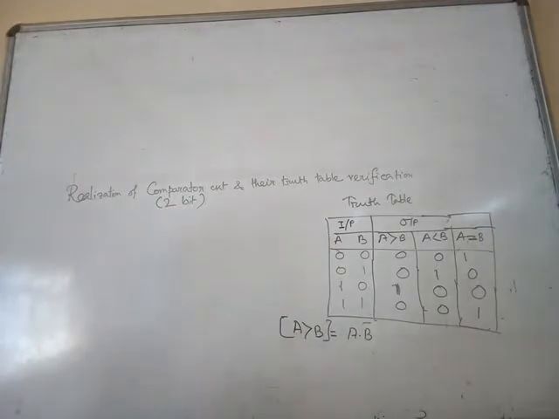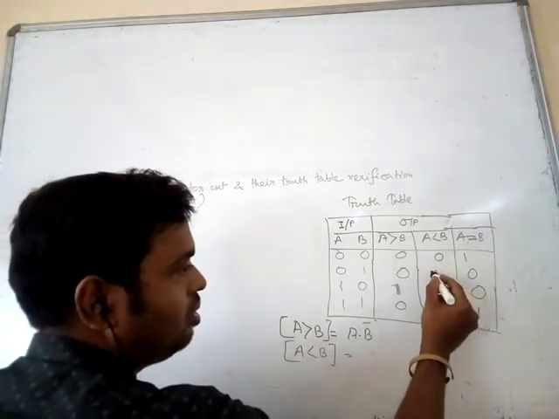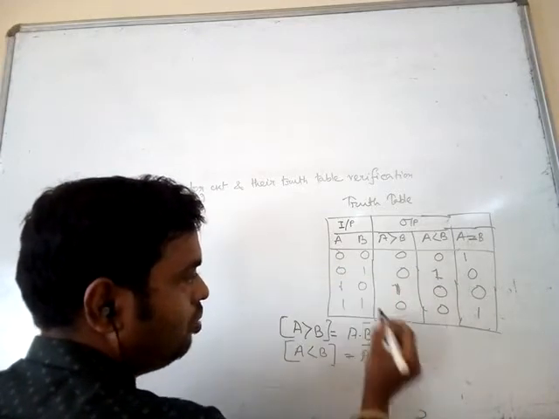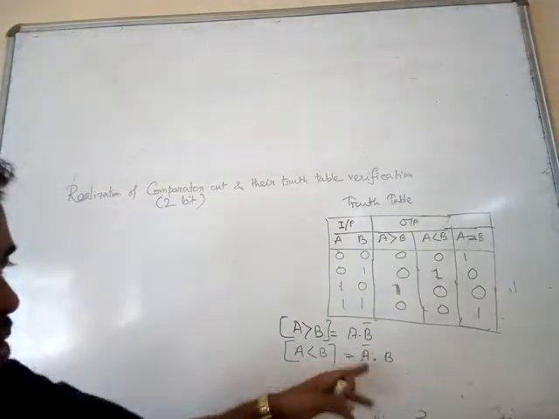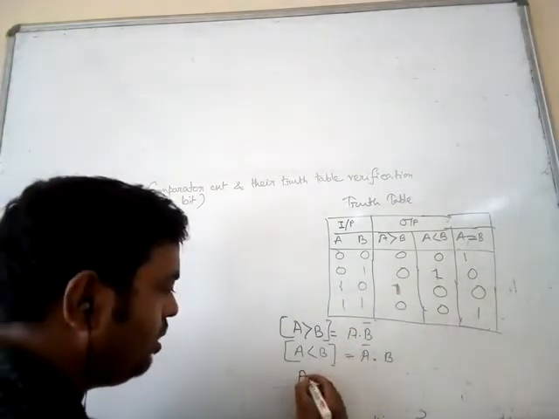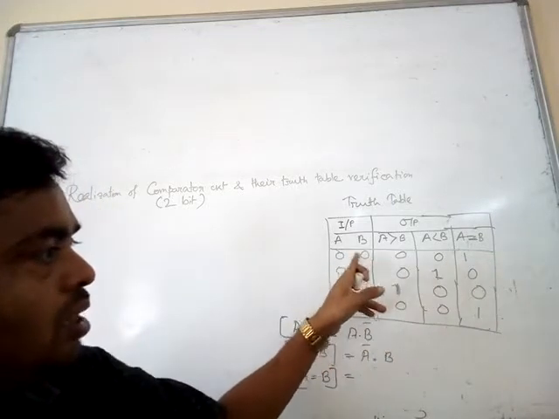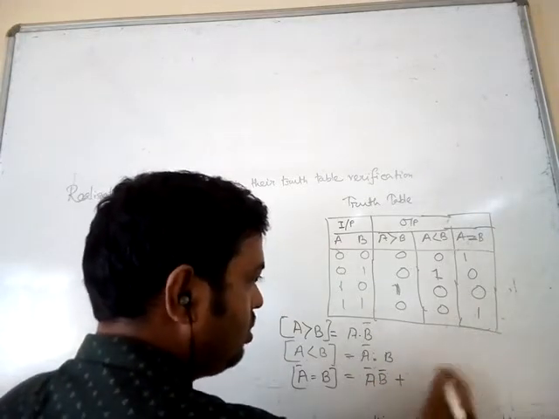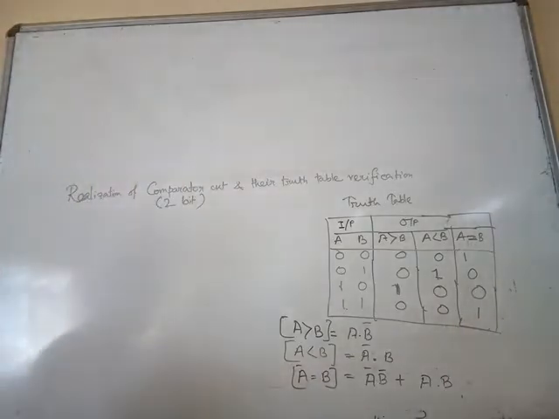Next, for A less than B, A equals 0, so it is A bar, and B equals 1, so it is B. And for A equals to B, we get the expression: both are 0, so A bar dot B bar, plus the last one, both are high, so it is A dot B. So we get 3 types of expression from the truth table.